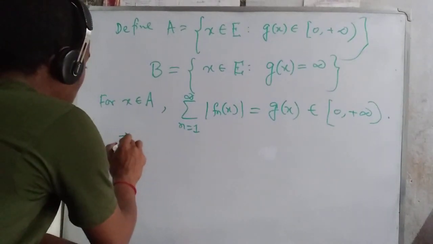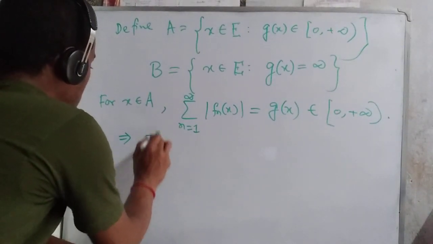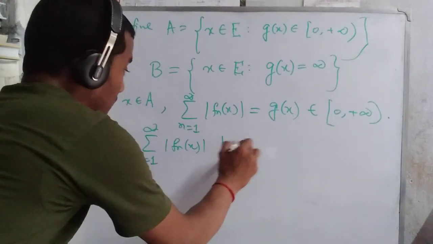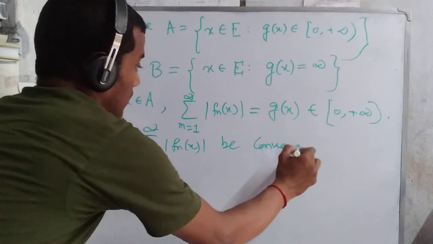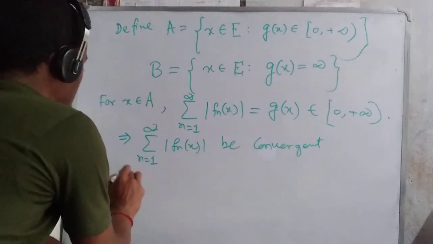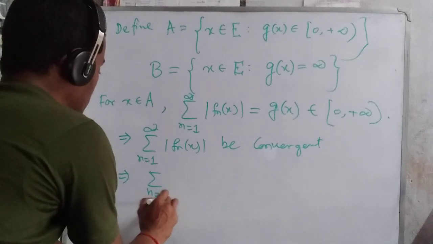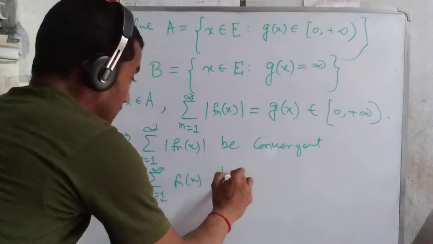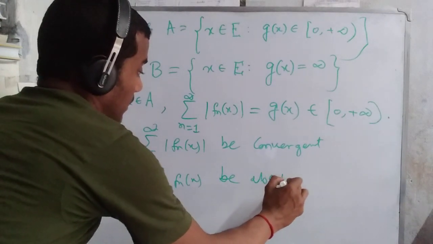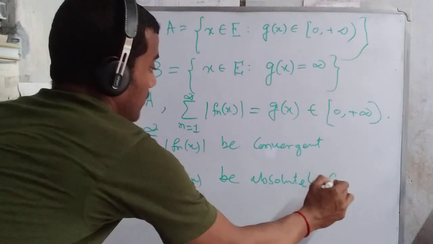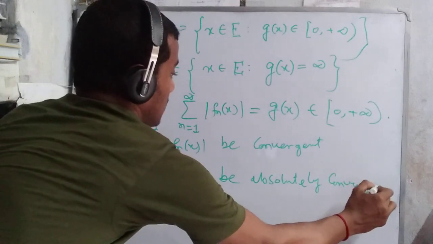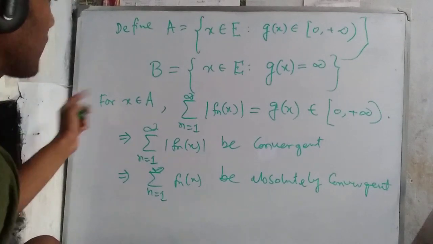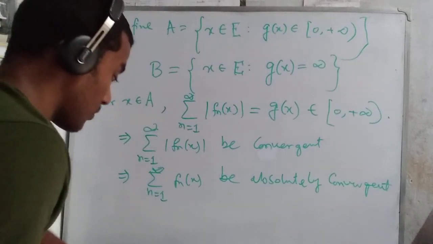Then this implies what? This implies summation n equal to 1 to infinity mod of fn x be convergent. This implies what? This implies n equal to 1 to infinity fn x be absolutely convergent. Okay. Then just for x belongs to A we discuss now. Okay.